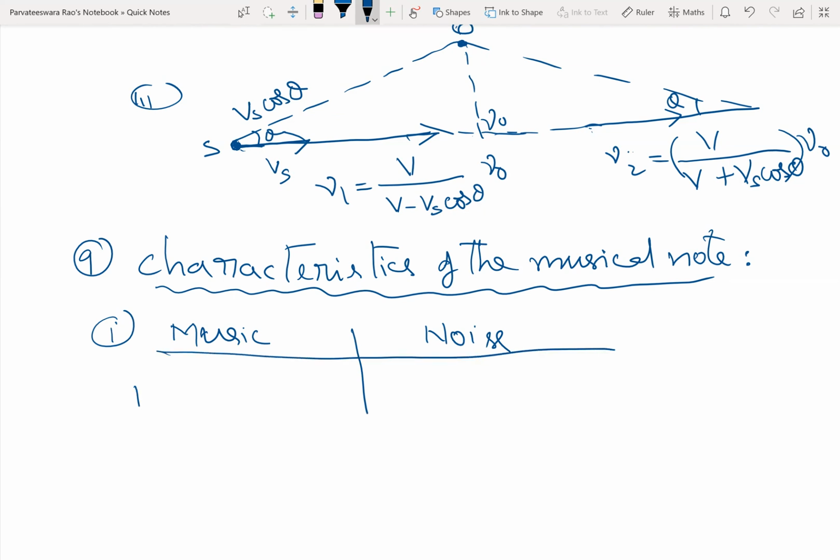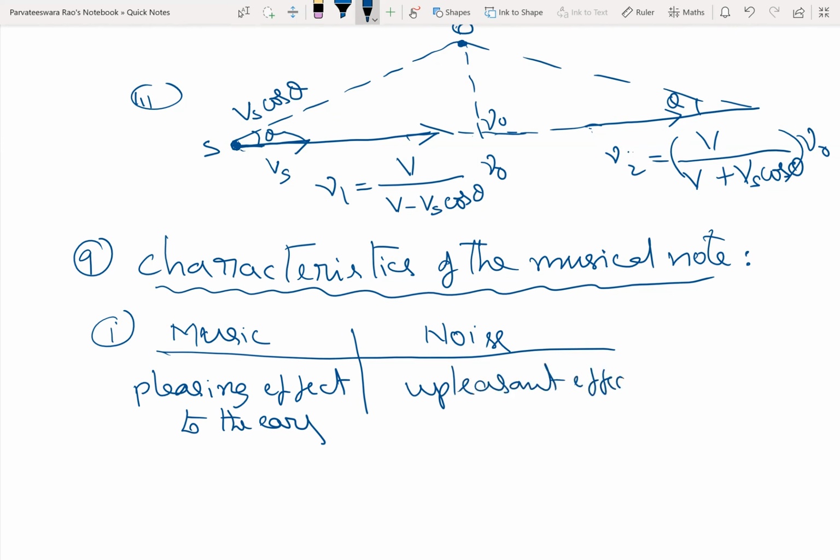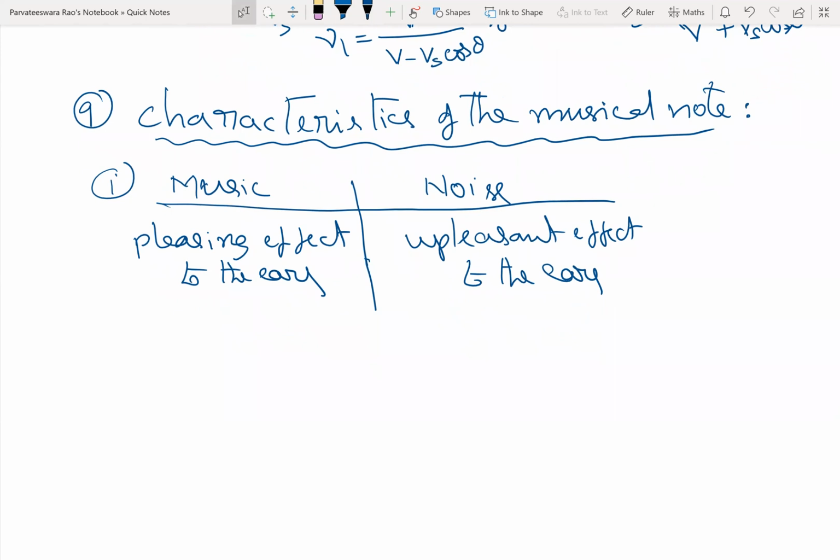Music causes a pleasing effect to the ears, whereas noise causes an unpleasant effect to the ears. Now we have gone to that extent where we are estimating the noise levels, safe noise levels, and sound pollution. Now we are talking about sound pollution also in cities.